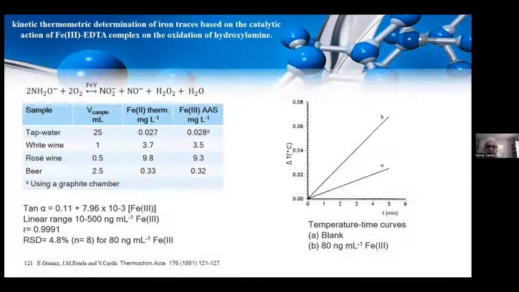The other advantage of the catalytic thermometric methods is they're usually quite selective. Some of them are specific and allow determining very, very small concentrations of the catalyst.